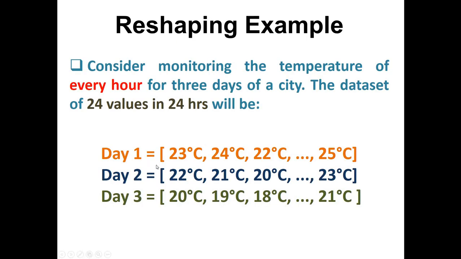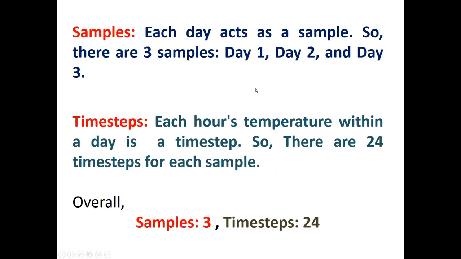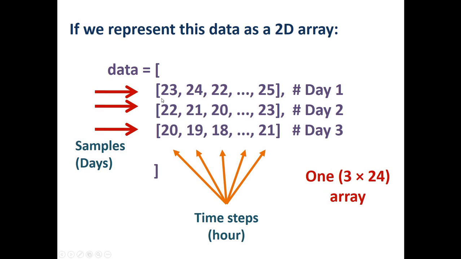For example, let's say day 1 temperature looks like that. Every day you take one temperature per hour, that means 24 temperatures, for day 1, day 2 and day 3. So each day acts as a sample, that means day 1, day 2, day 3 are different samples. Time steps are each hour. So you have data which looks like this, 24 values in each day, expressed as 3 multiplied by 24.